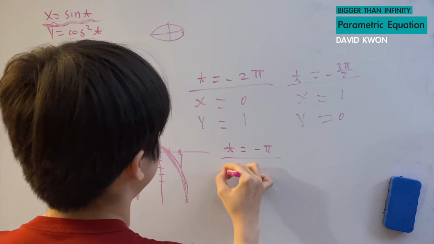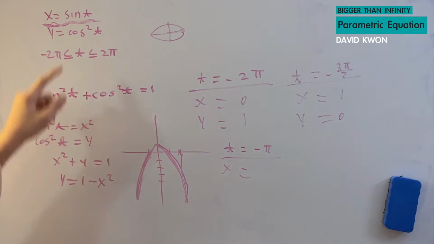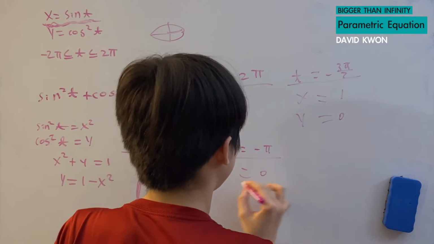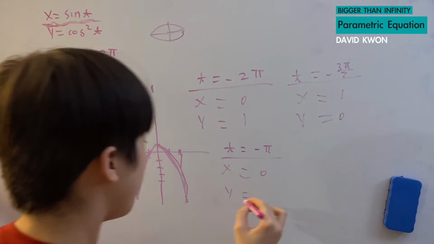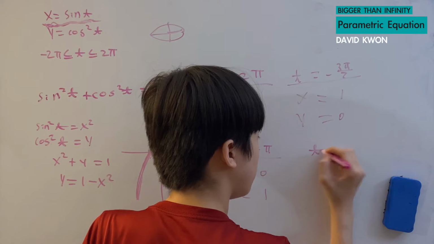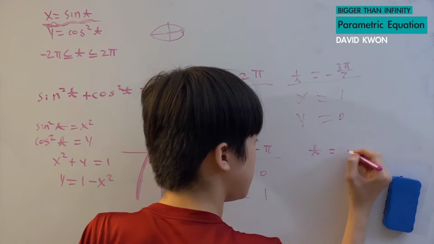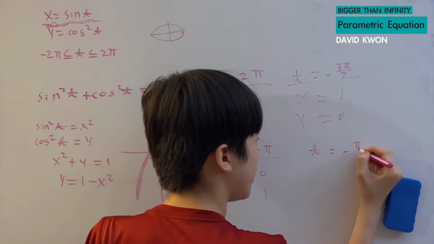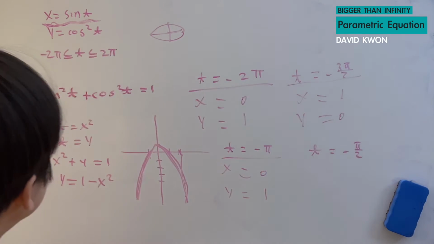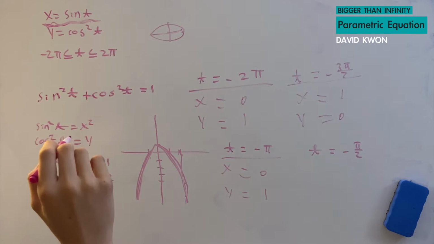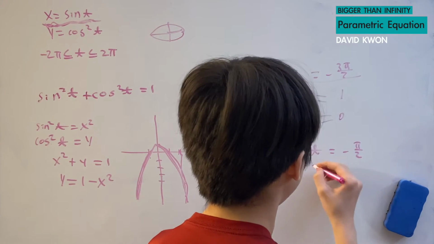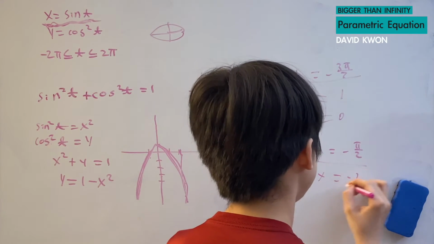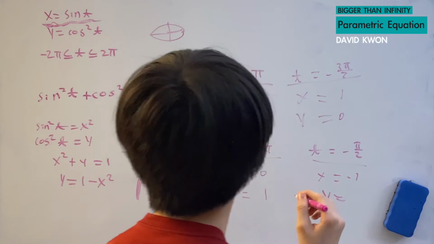Very simple, put it in there. x is equal to 0, which means y is equal to 1. Now we let t be equal to minus pi over 2. Put it in there. x is equal to minus 1 and y is equal to 0.